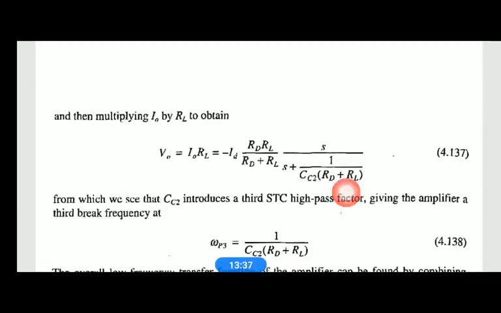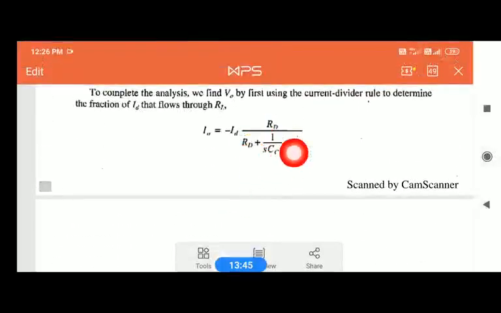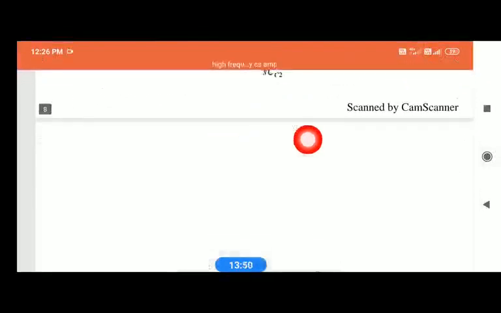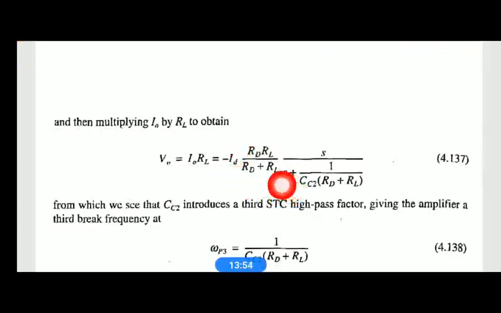So now you can see that is how you derive this: you will get I naught is equal to minus ID into RD divided by RD plus RL into S divided by S plus 1 divided by CC2 into RD plus RL.